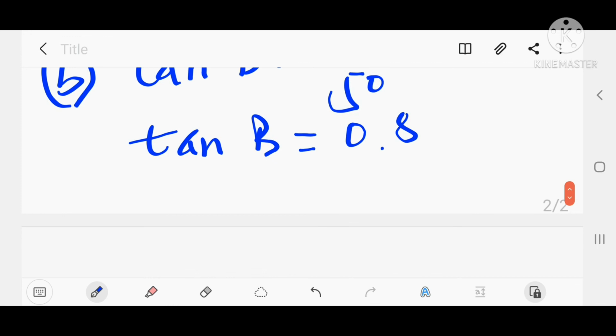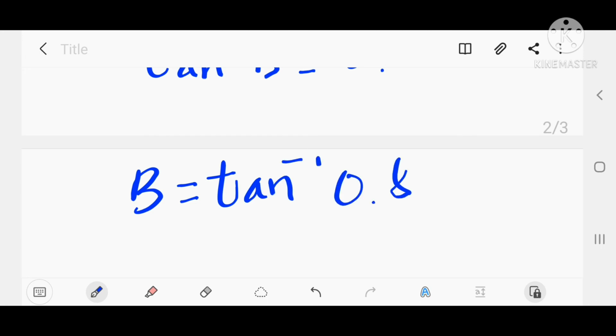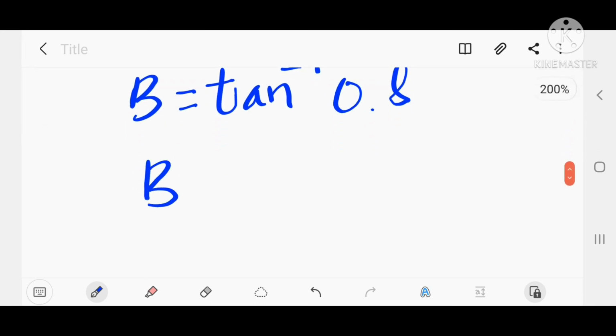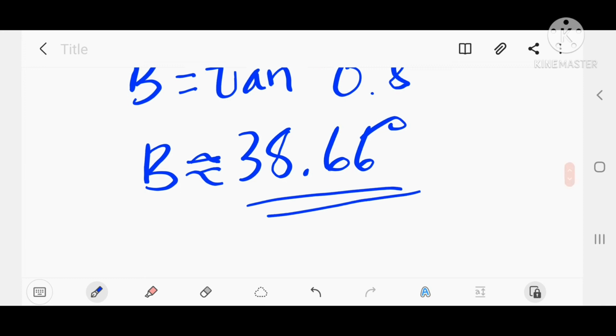Taking the tan inverse, b equals tan inverse of 0.8, which is approximately 38.66 degrees.